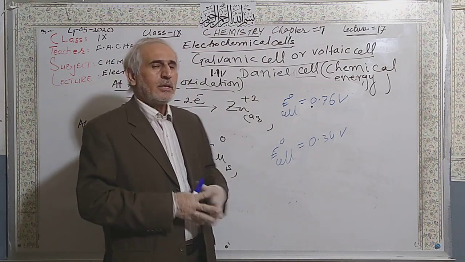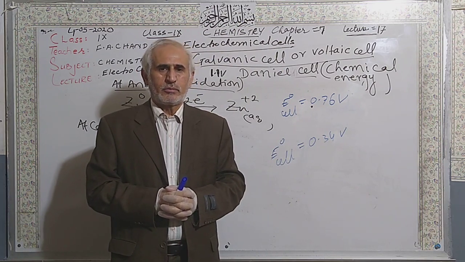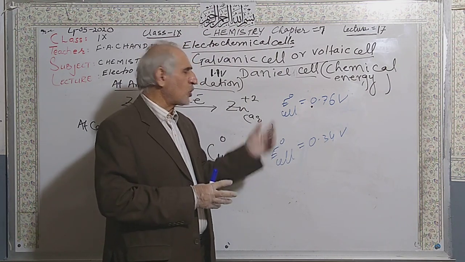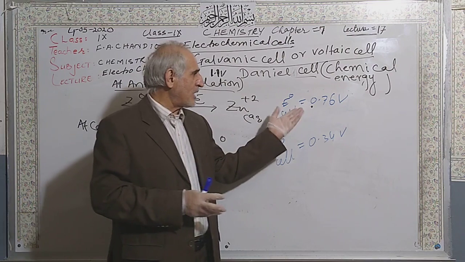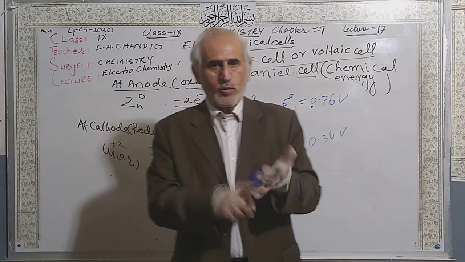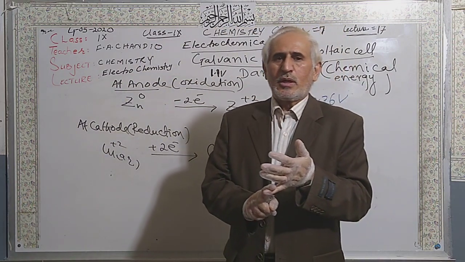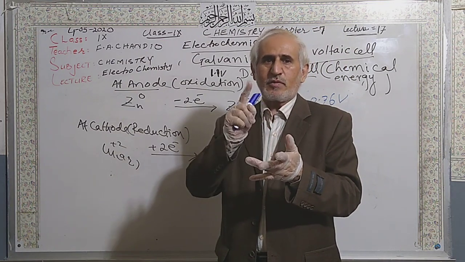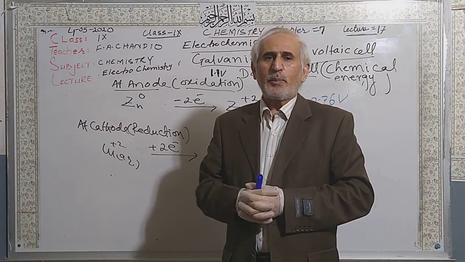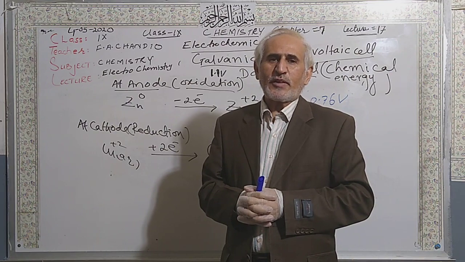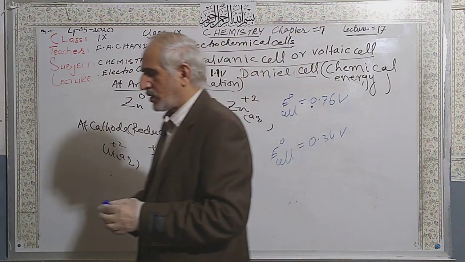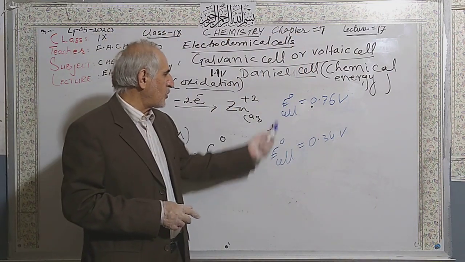That's why we call it the standard electrode potential. In the case of solutions, you have to use a 1 molar solution. Pressure is maintained for gases at 1 atmosphere, and for temperature we use 25 degrees Celsius. So these are the standard conditions.